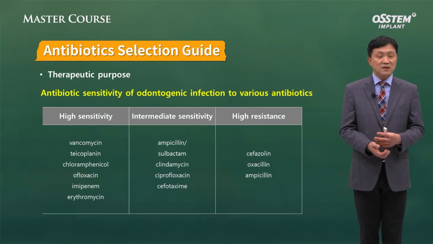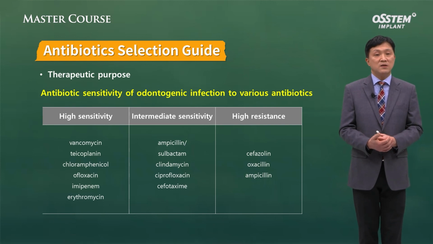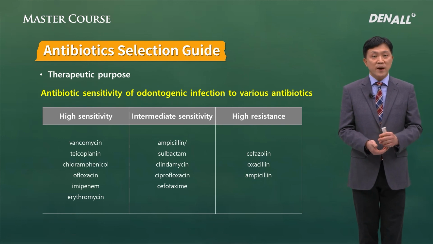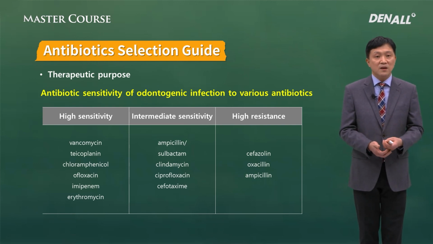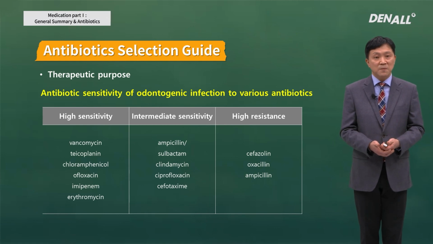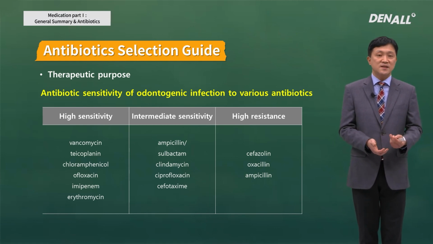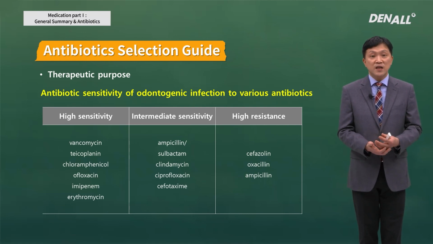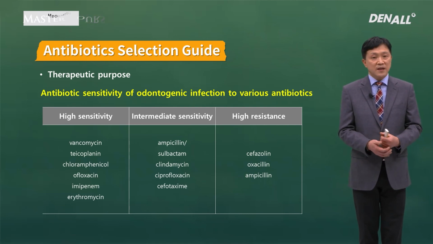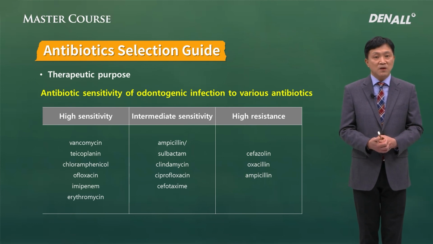So which antibiotics show sensitivity to the infection? Vancomycin, teicoplanin, chloramphenicol, ofloxacin, imipenem, erythromycin have the high sensitivity; intermediate sensitivity, ampicillin, sulbactam, clindamycin, ciprofloxacin; and high resistance is shown by cefazolin, oxacillin, ampicillin.